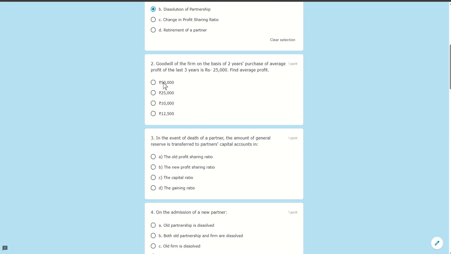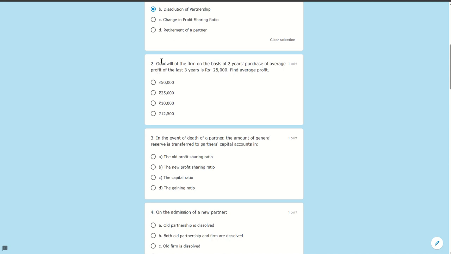Point number two, goodwill of the firm on the basis of 2 years purchase of average profit for the last 3 years is rupees 25,000. Find the average profit. Now this question can be confusing if you misunderstand 25,000 to be the value of the profit of the last 3 years.